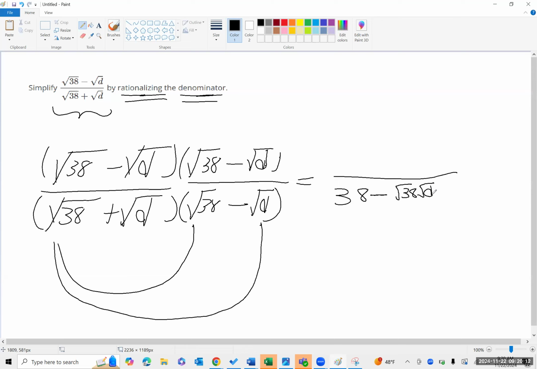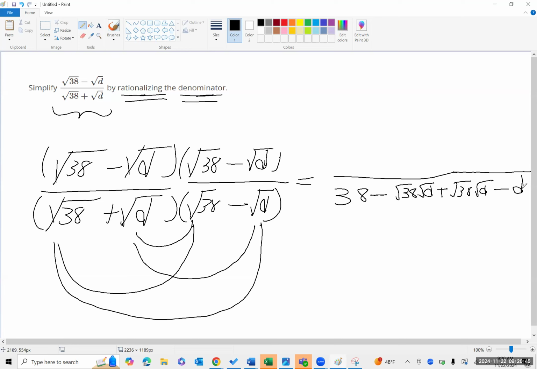And then there's the inner. Well, that's almost identical, except that it has a plus sign. So it's, and I'm going to put them in the same order, square root of 38, square root of d. And then the last is the root d times root d, and it's a plus and a minus, so it's going to be minus d.